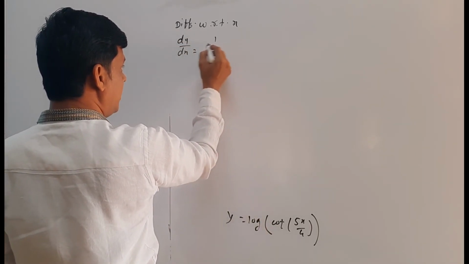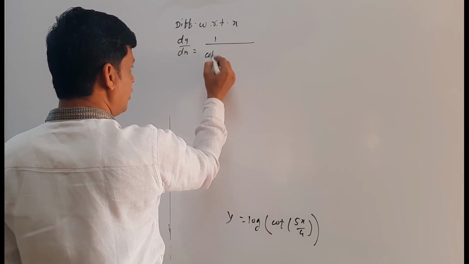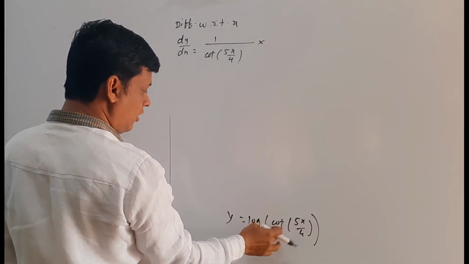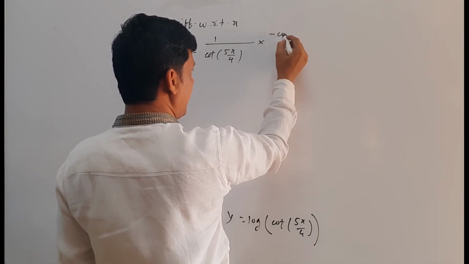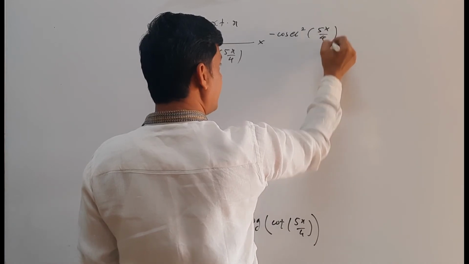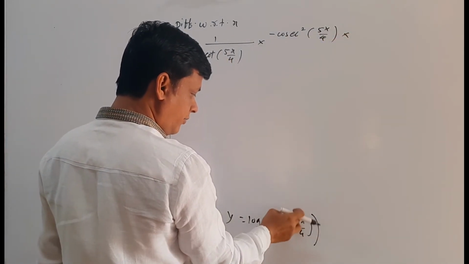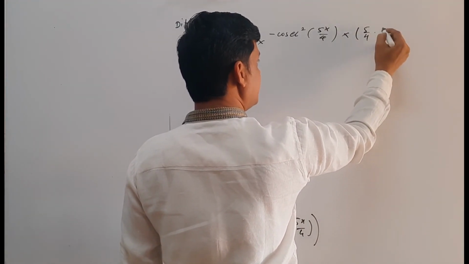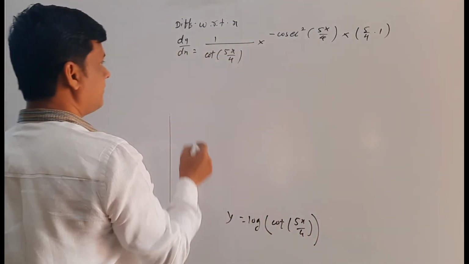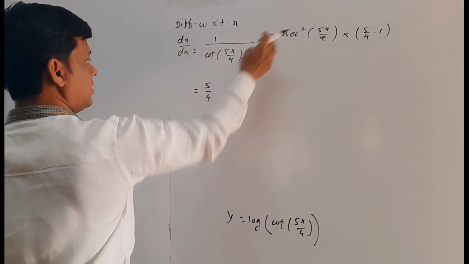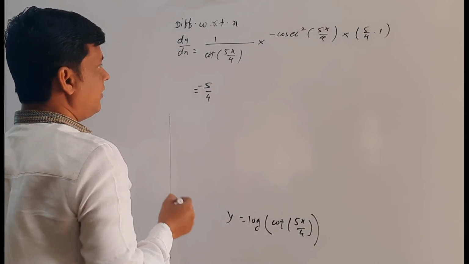Derivative of log is 1 upon, so we write 1 upon cot 5x by 4 into derivative of cot. Derivative of cot is minus cosec square, so minus cosec square 5x by 4 into derivative of 5 by 4 into x. So 5 by 4 is a constant as it is, derivative of x is 1. So we write here 5 by 4 in first position with a minus sign, so we write minus 5 by 4.